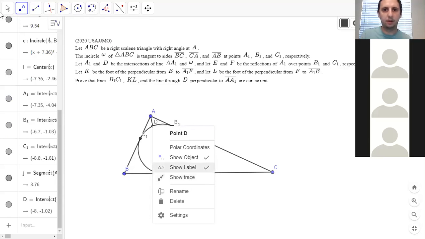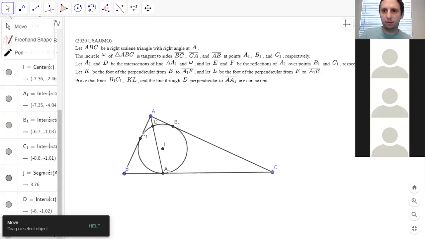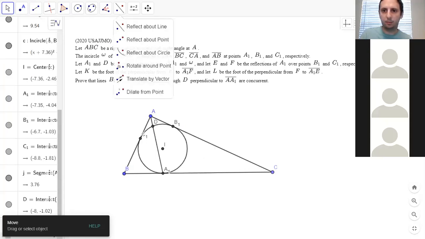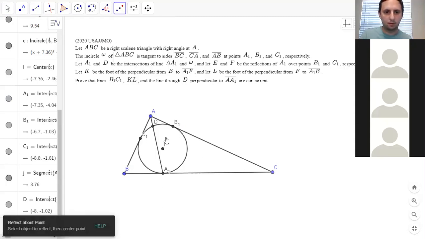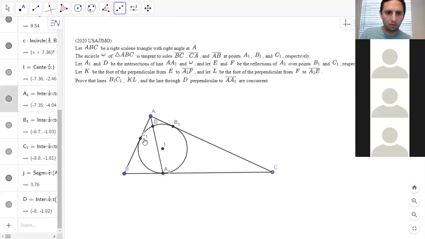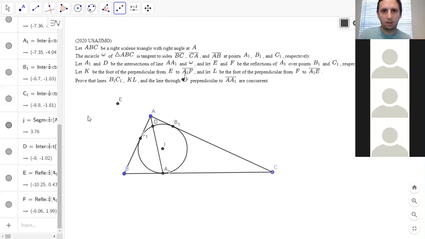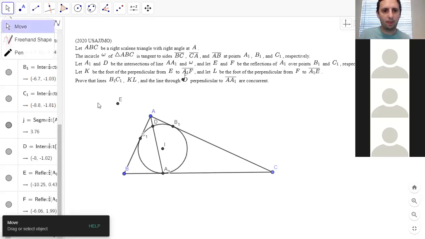Oh, it's already B. Then we reflect A1 over B1 and C1. And it's E and F, which is nice because it's already E and F.